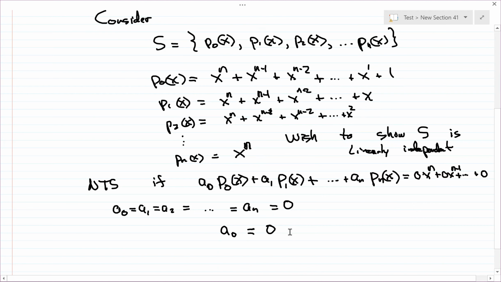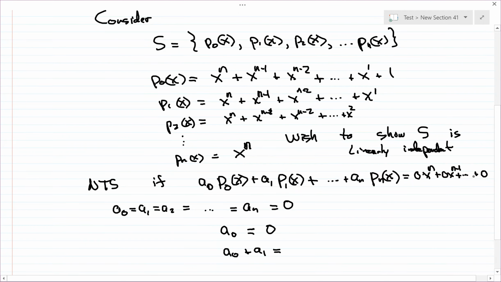What about the next component? The component corresponding to x to the first. A0 times P0 of x would give you an A0, and the component for P1 would give you an A1.